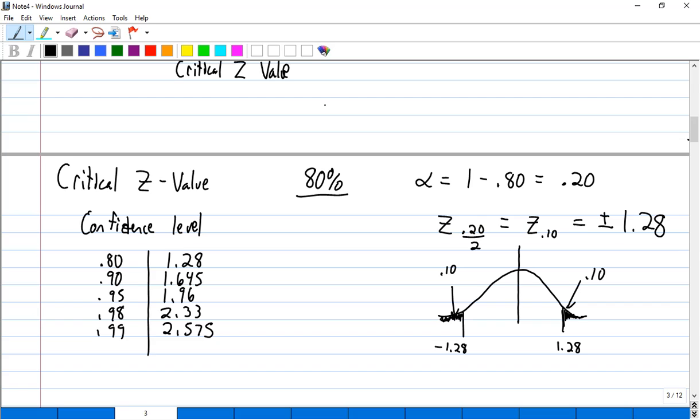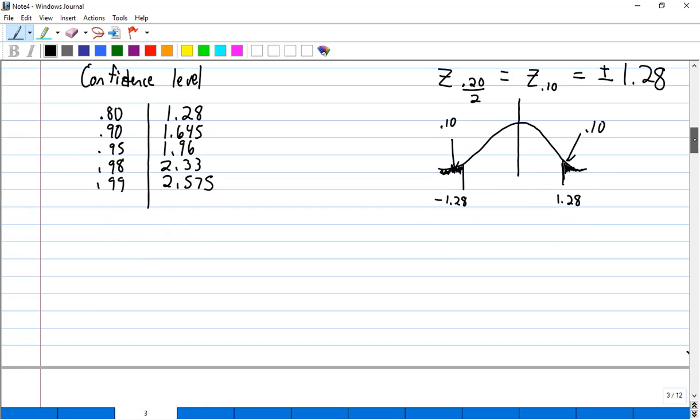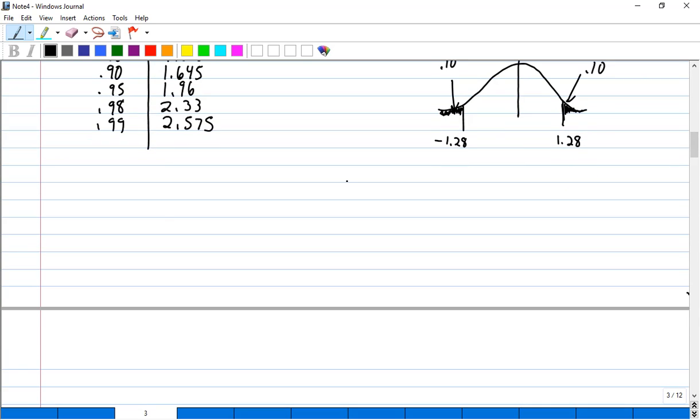So if it asks you to use an 85% confidence interval, you have to know how to find it. So how do you find it? You find it the way that I showed you to find 1.28. So let's say that I was working a problem and it says use an 85% confidence level or confidence interval. So what I would want to do, and I'll go back through this really fast, it won't take too long.